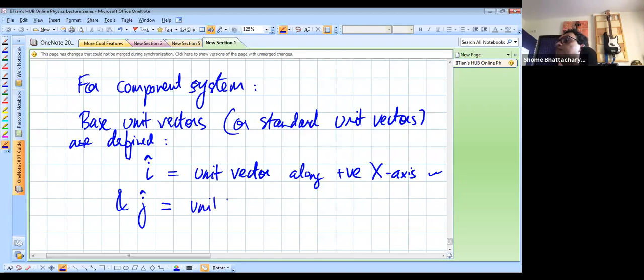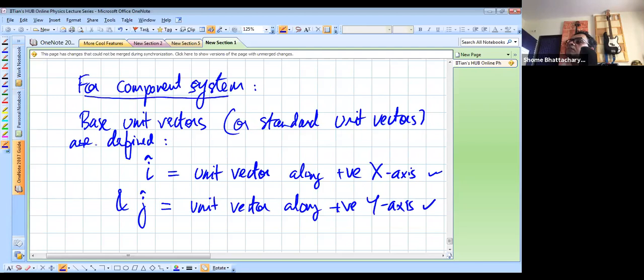So this is the unit vector along the positive y-axis. Okay. So this is the first definition, that for any component system, we have to define our base unit vectors or standard unit vectors, which is i cap along the positive x-axis and j cap along the positive y-axis.